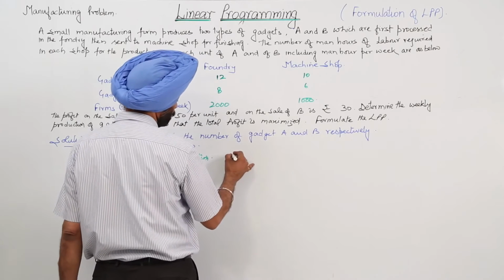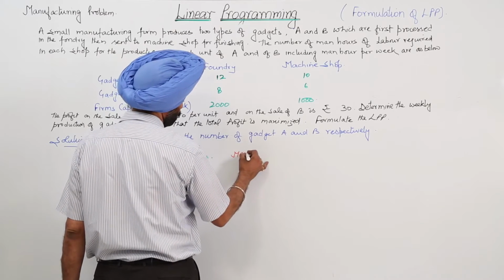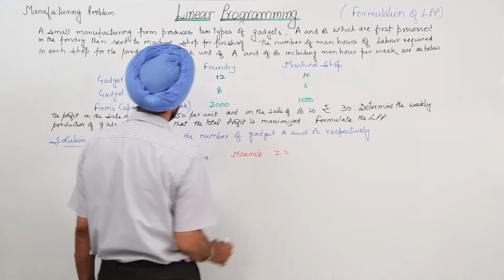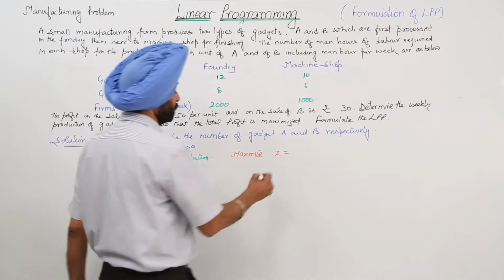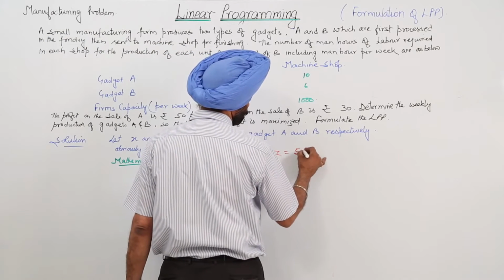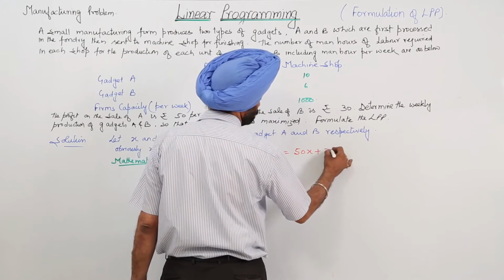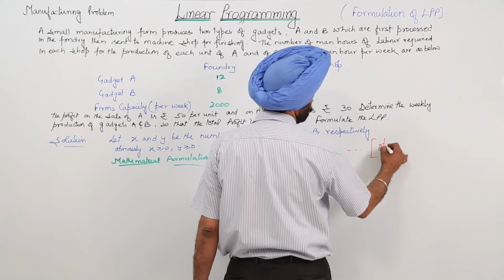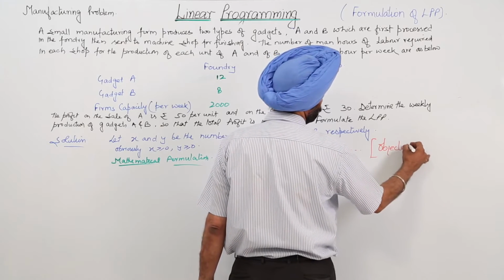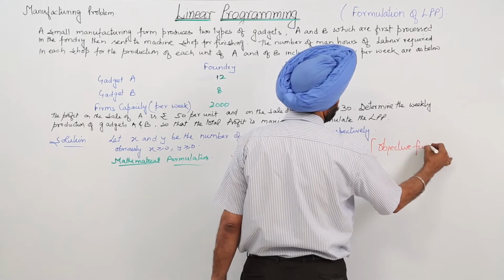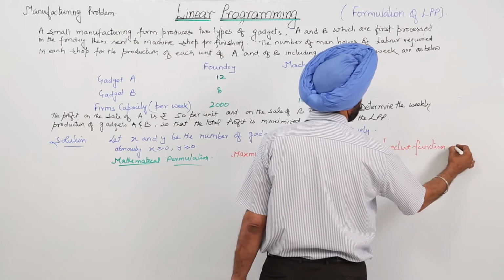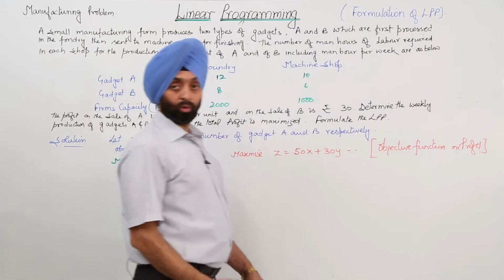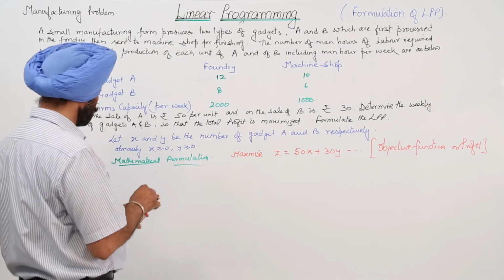Now profit, maximize Z = rupees 50x + 30y, and this is the objective function on profit.